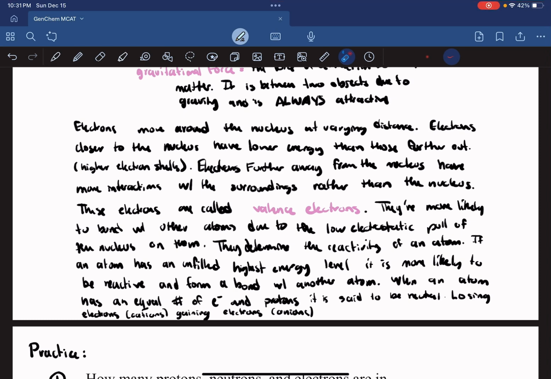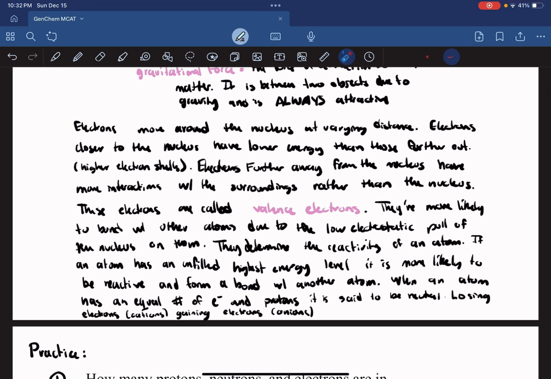The reason these electrons favor interactions with other atoms is because their nucleus does not have a strong pull on them, causing them to just loosely hang around in the outermost shell, or the valence shell, of the atom. And so this low electrostatic pull causes them to react with other atoms. And their reaction with other atoms is called a bond.